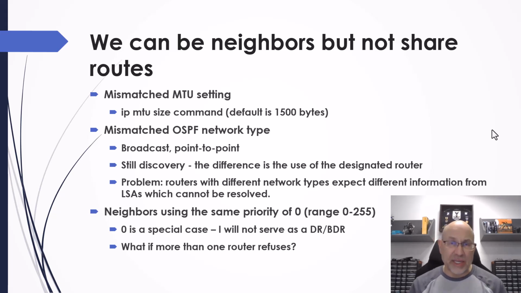But 0 is a special case, which means I don't want to be a BDR and I don't want to be a DR. And so if you have a whole bunch of routers out there that have a priority of 0, that means nobody wants to be the DR, nobody wants to be the BDR, and nobody wants to be the one that exchanges routing information. So you could be neighbors, right? But you're not going to exchange routes. So those three things will cause you to be neighbors, but not exchange routes.